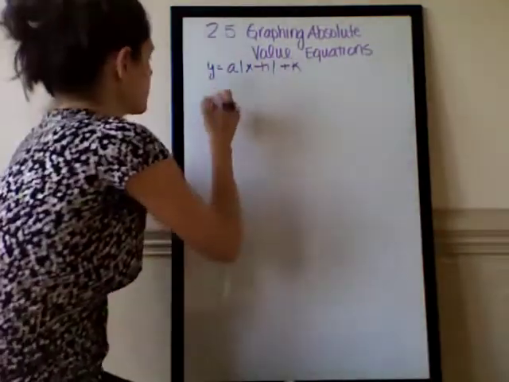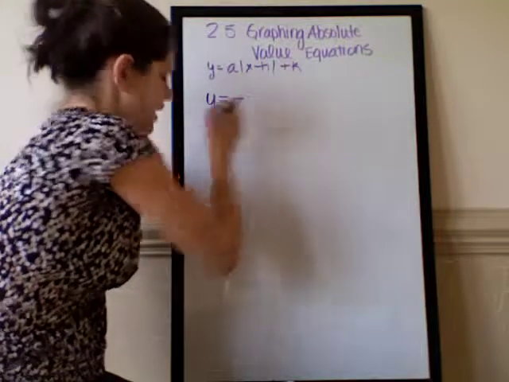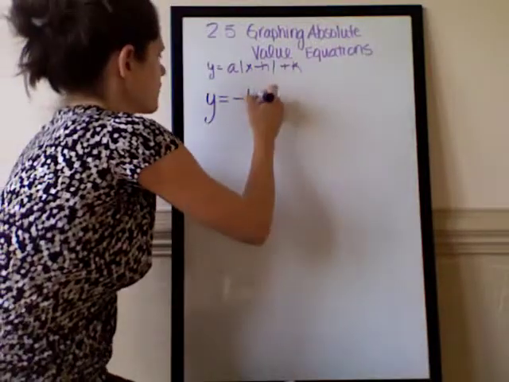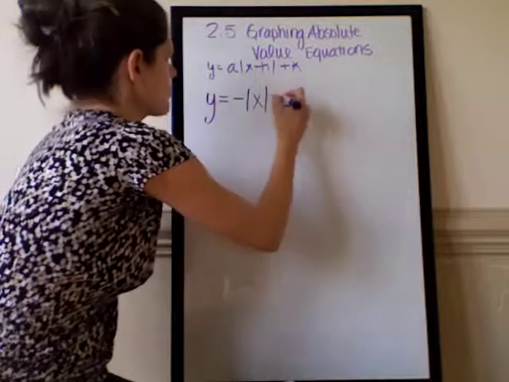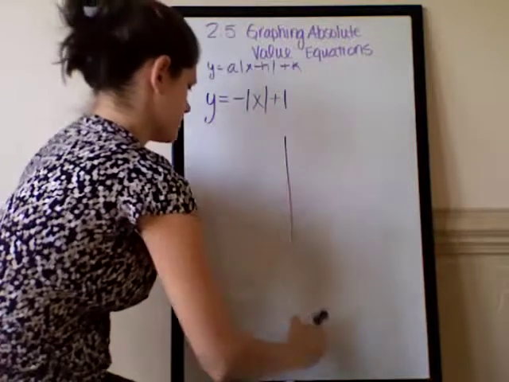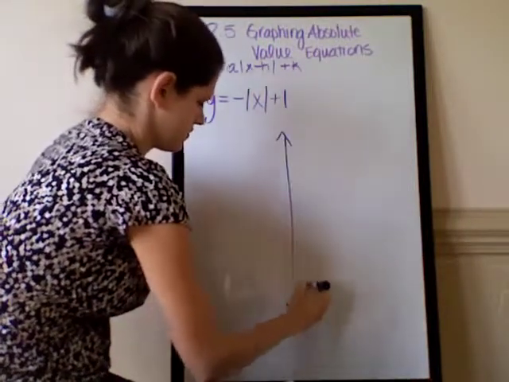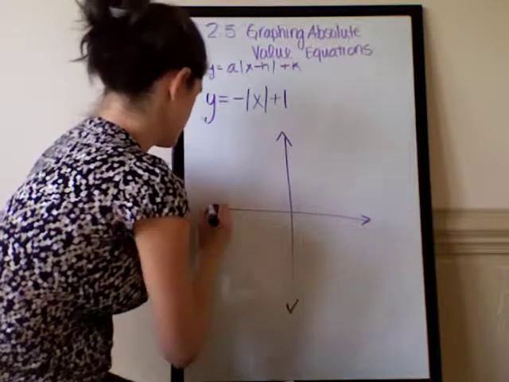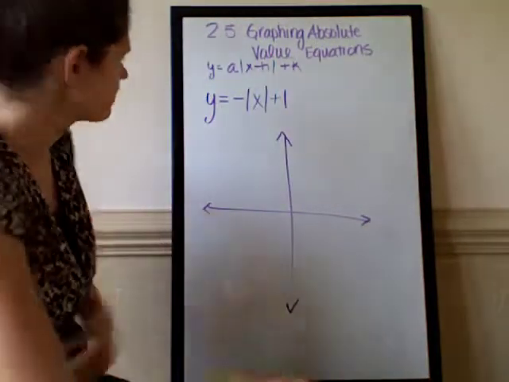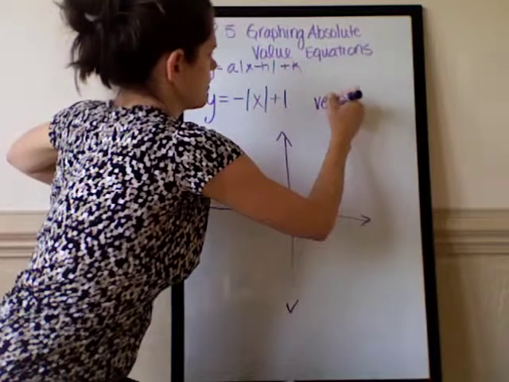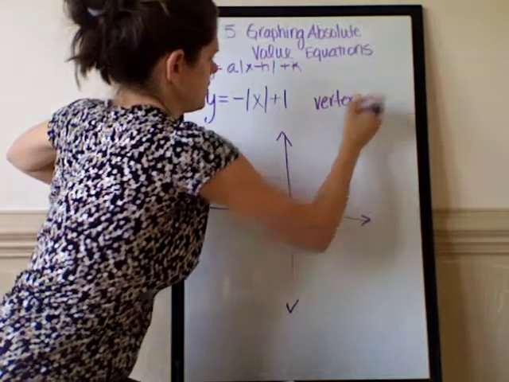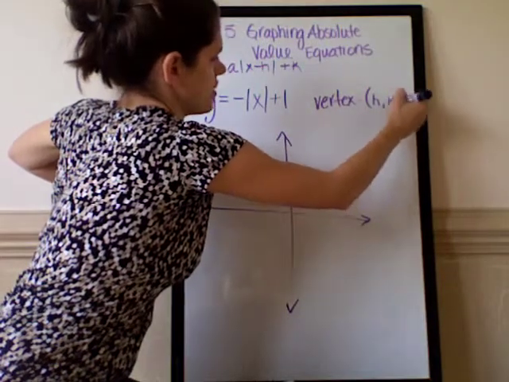Alright, my next one, y equals negative absolute value of x plus 1. Alright, vertex first. That's HK.